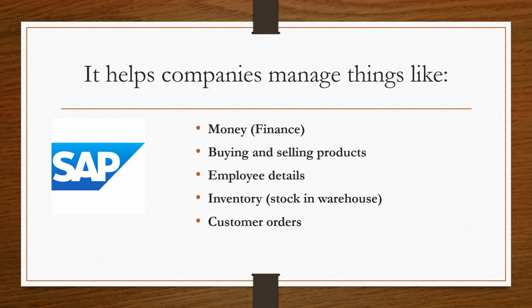Next, where does SAP help? SAP helps companies manage things like money, buying and selling products, employee details, inventory and customer orders. Let me explain this in a very simple format. We need software to maintain our money, right?